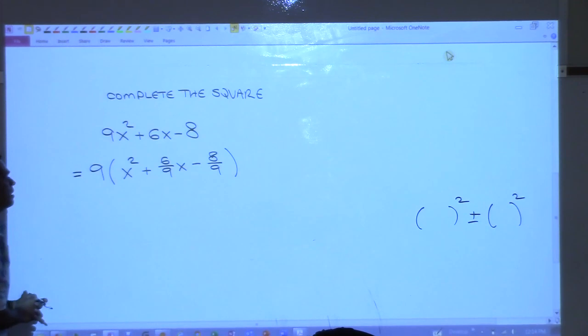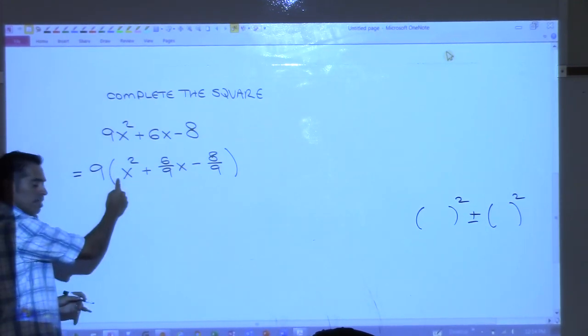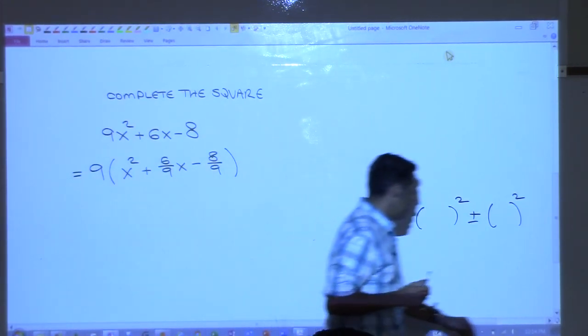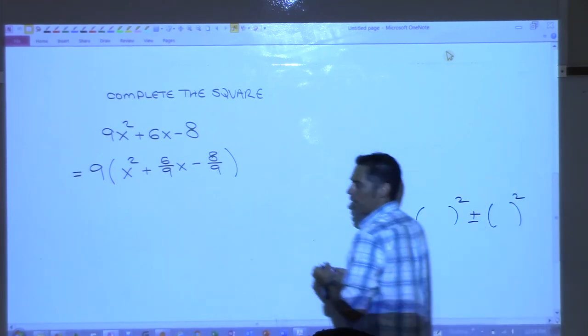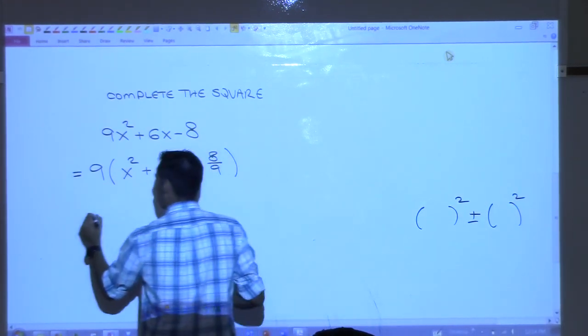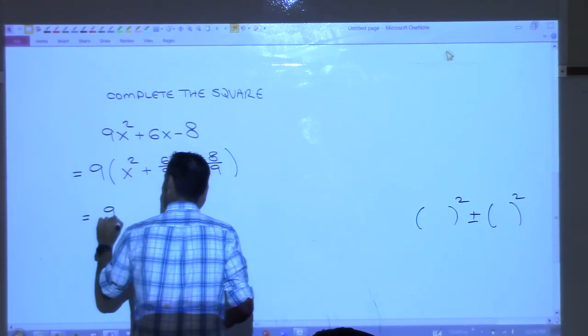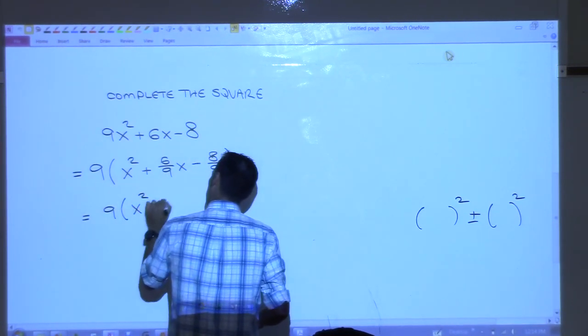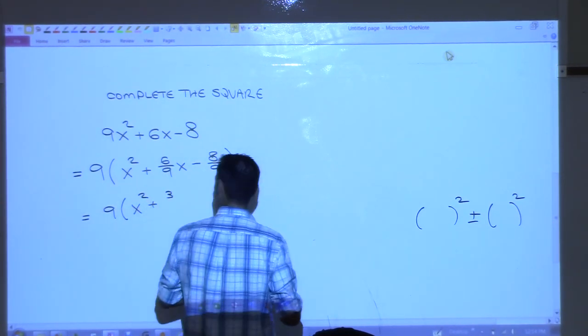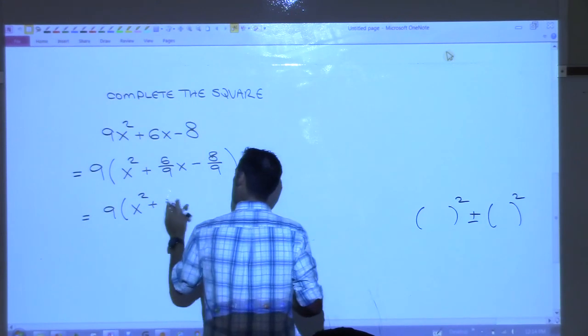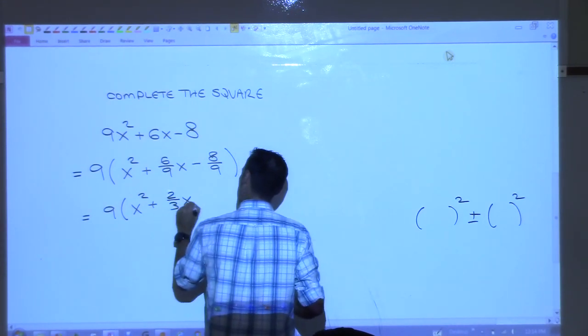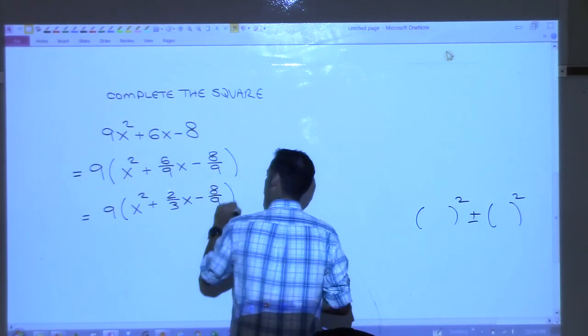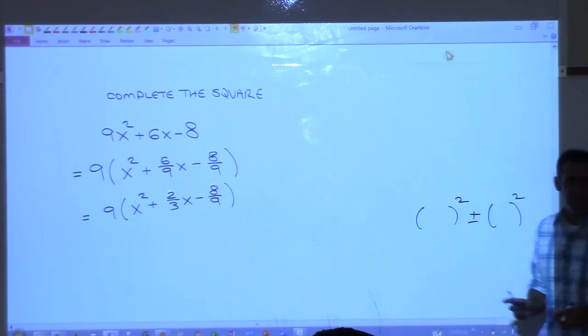Okay, now, once I have a coefficient of 1, the next step in the procedure is to look at the, well, I should probably reduce those fractions, yeah? At least that one. Let me reduce that one fraction. This is 2/3 x minus 8/9. Okay, I just wanted to clean up that middle one.